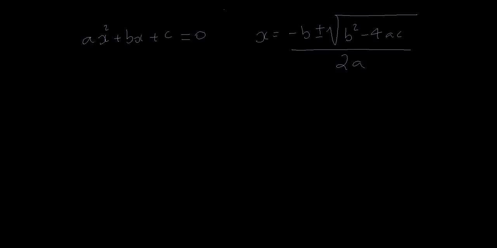Also, sometimes you're going to get complex solutions, because the expression under the square root has to be positive in order for the square root to exist. If it's not positive, then the answer is going to be given by a complex number.